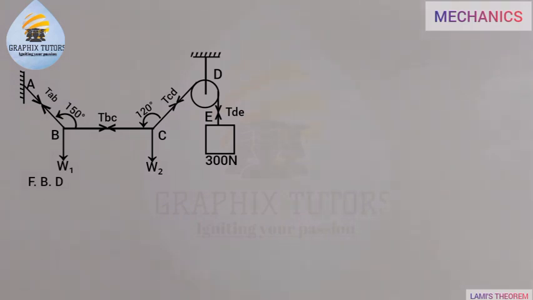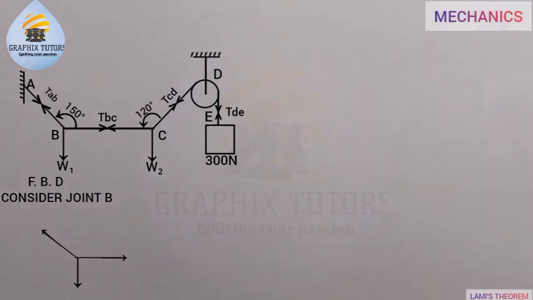So at joint B, because we have two joints here, joint B and joint C, we're considering each of those joints, and the joint is a point where two or more forces act. So at joint B, this is what we'll be having here.